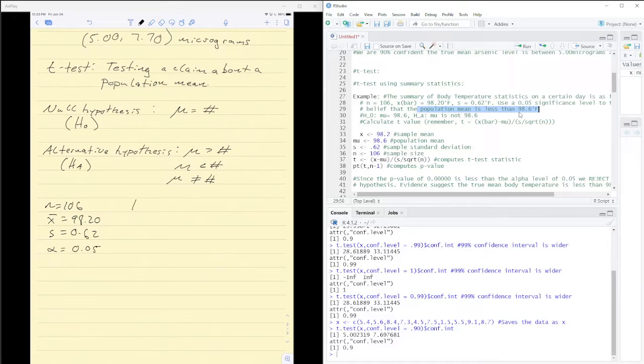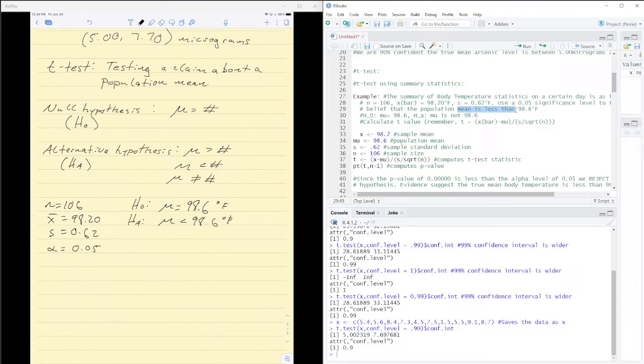So our null hypothesis for this problem is that the mean is 98.6 degrees Fahrenheit. And your alternative hypothesis, right, your mean is always going to be the number they're referring to here. We want to see if the mean is less than 98.6. So your alternative is that the mean is less than 98.6. Okay. In a t-test, this number and this number will always match each other. These will always be the same number.